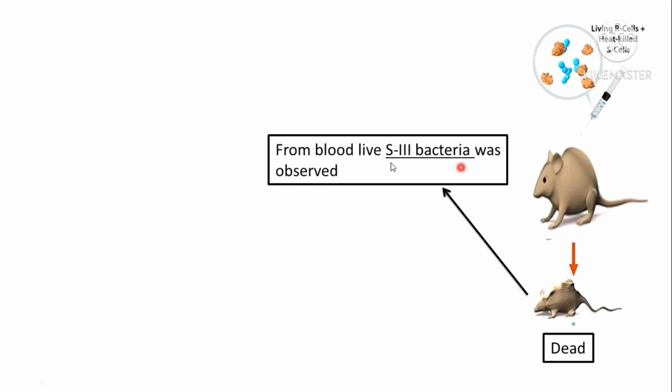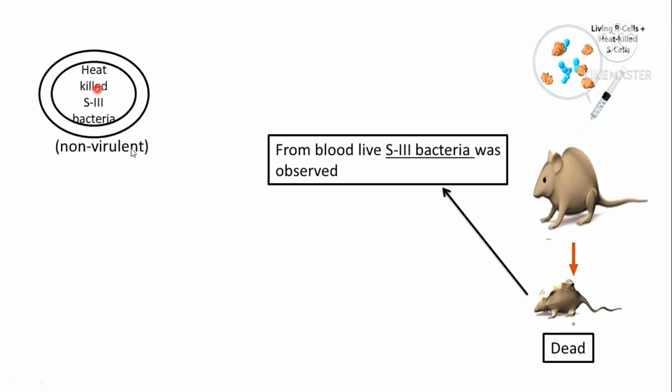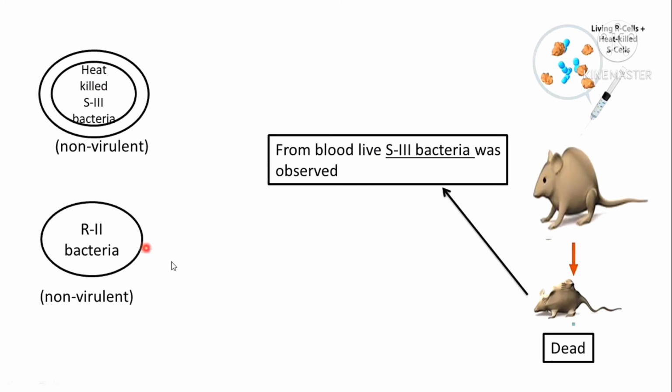Now, how was this live S3 bacteria found? As we infected mice with heat killed S3 bacteria. So from this he concluded that in the presence of heat killed S3 bacteria, this live R2 bacteria was transformed, that is, changed to live S3 bacteria.